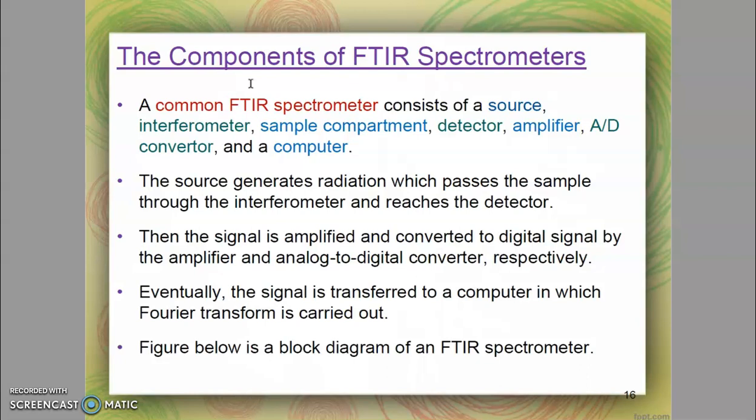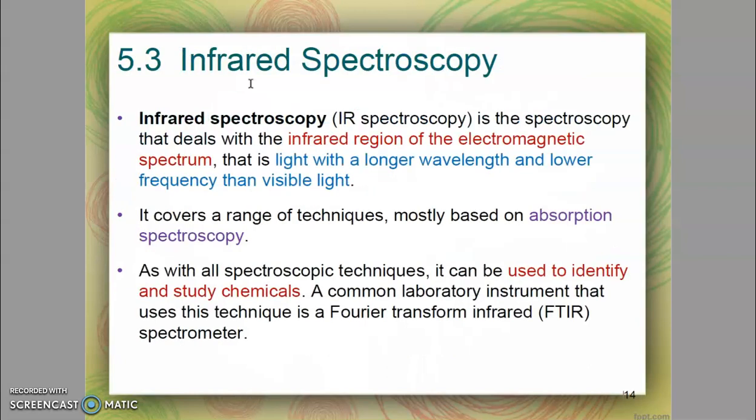Then the signal is amplified and converted to a digital signal by the amplifier and analog to digital converter respectively. Eventually, the signal is transferred to a computer in which the Fourier transform is carried out. The figure below is the block diagram of an FTIR spectrometer.